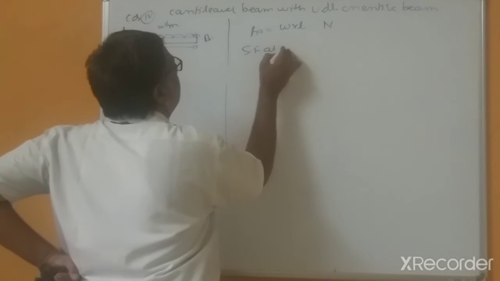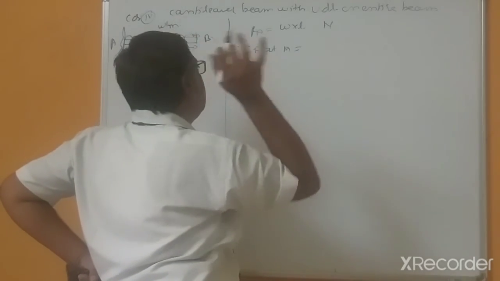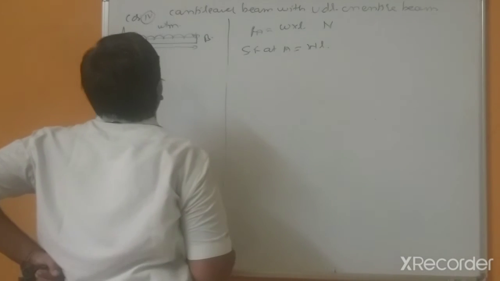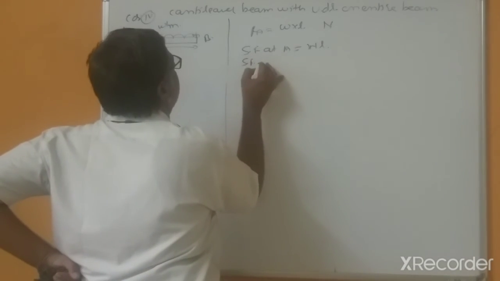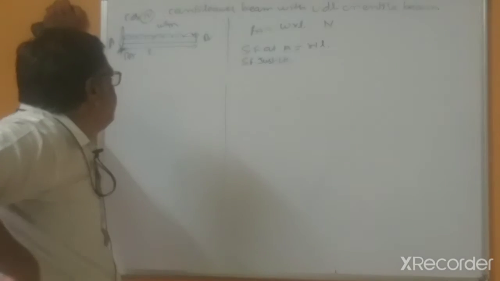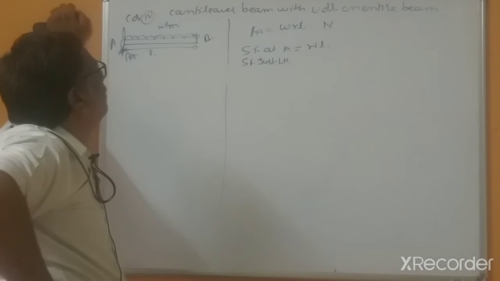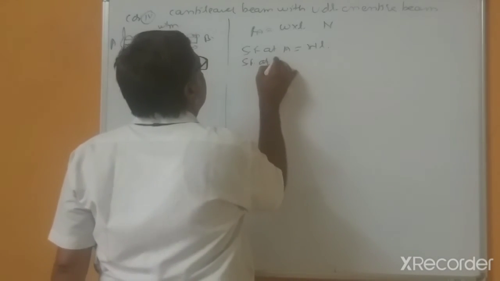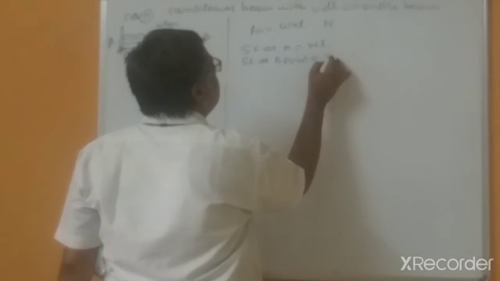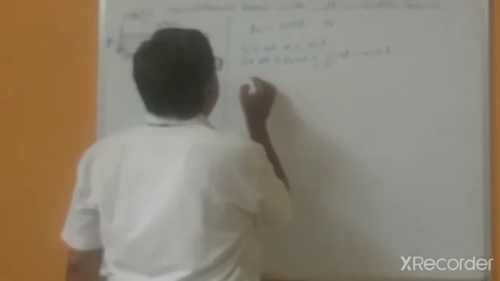Shear force at A point equals W into L. Shear force at B point equals WL minus, because this load, this is equal to 0.